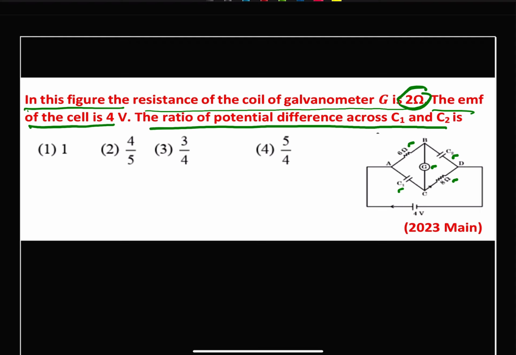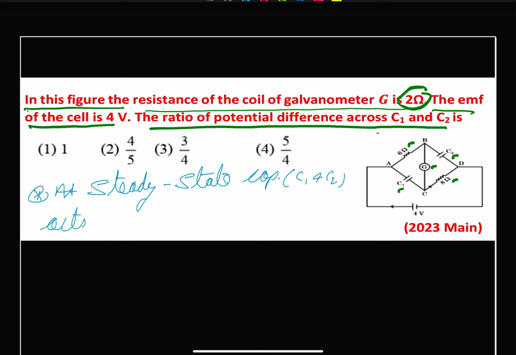So under steady state condition, the capacitor is going to act as an open circuit. You can see at steady state, capacitors C1 and C2 act as open circuit.